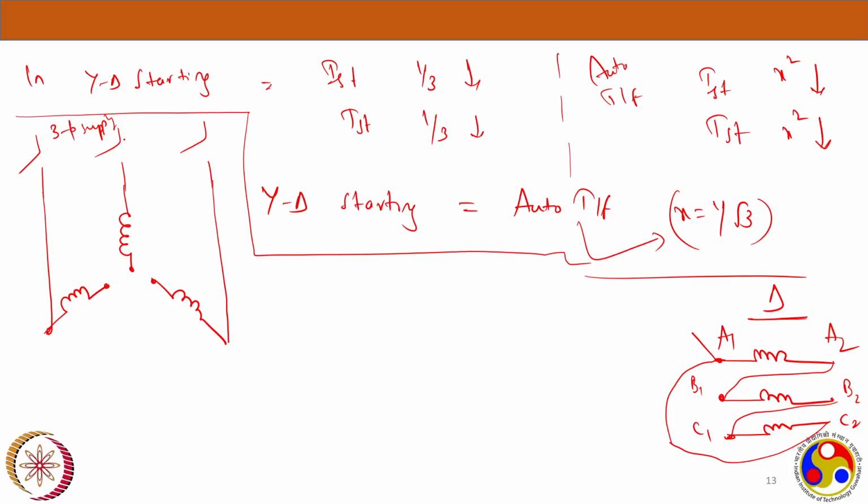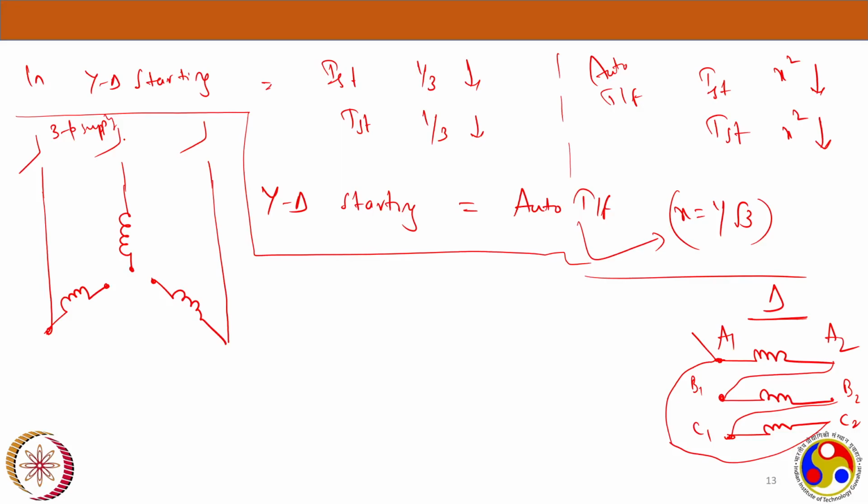Now see, if you switch to the left side, it will connect to this part and it will all be star connected. It will be star connected at the starting. Now, if you connect the switch to this side, your A2 is connected to B1.